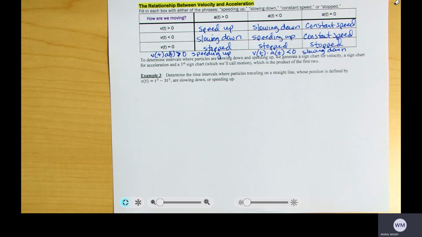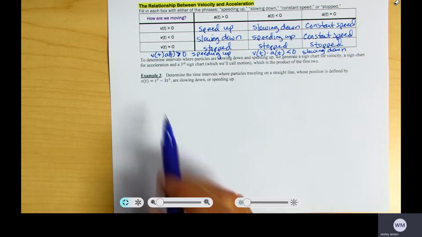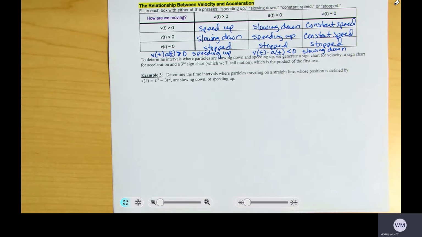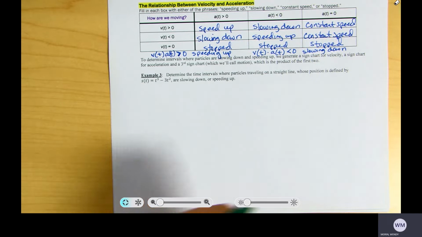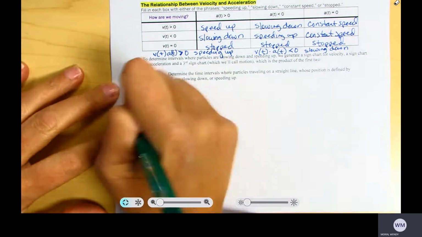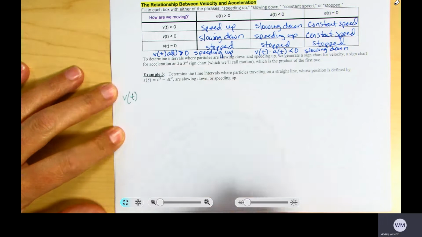Determine the intervals where a particle traveling on a straight line whose position is defined by S of t is slowing down or speeding up. So this is very important to make sign charts. Again, the sign charts are not graded on an AP test, but I will be looking for them on your test because you need them to help you justify your answer.